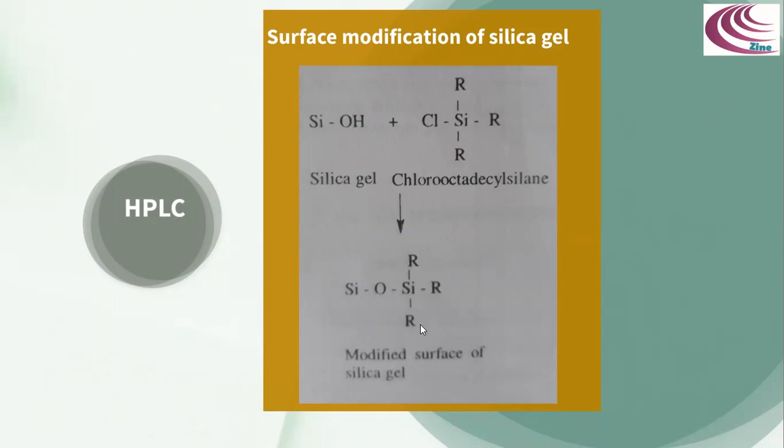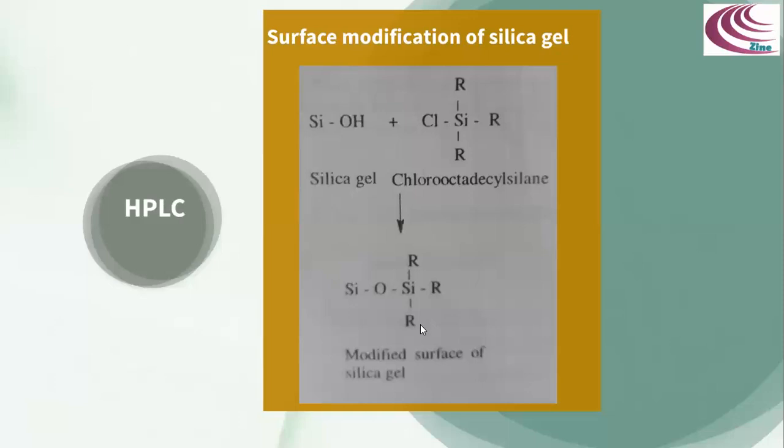Instead of chlorooctadecylsilane, if we use chlorooctylsilane, where R represents C8H17, then the column is referred to as a C8 column, which is more polar compared to a C18 column, but less polar compared to the normal silica gel column used in normal phase chromatography.